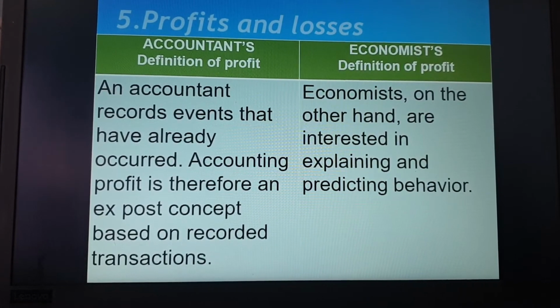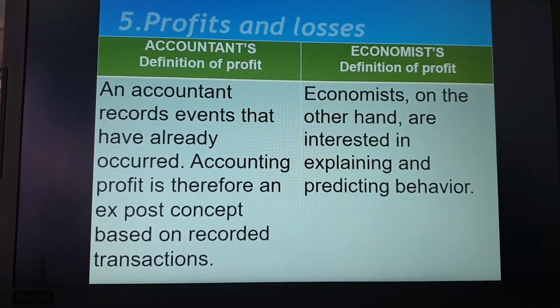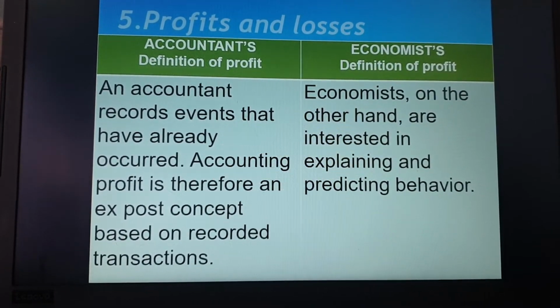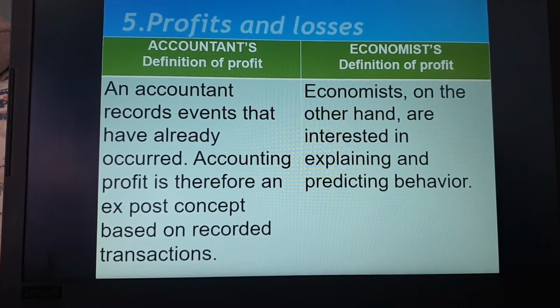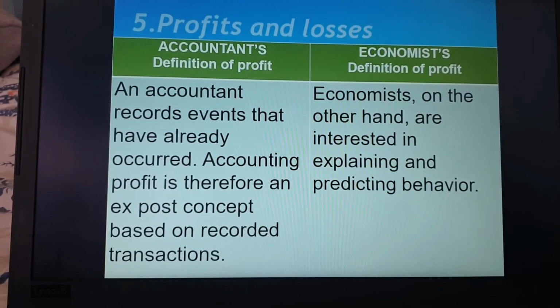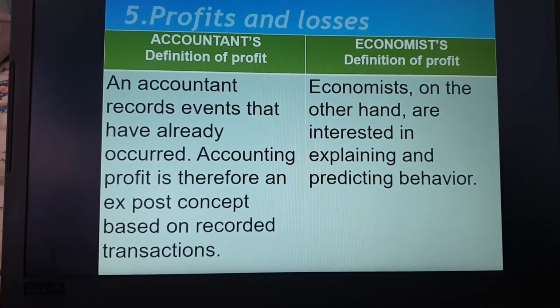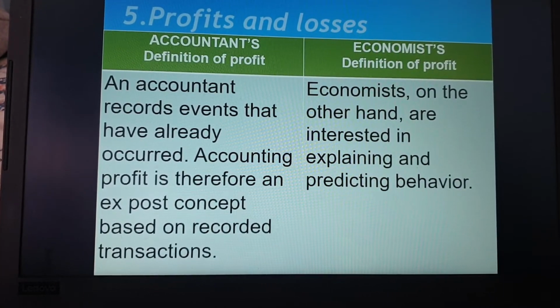Economist profit. Economists, on the other hand, are interested in explaining and predicting behavior. So they look at what's going on in the economy. For example, now during the lockdown, a lot of businesses were not able to operate. Moody's, the international company that does the credit rating, already rated us as being in a recession and junk status.